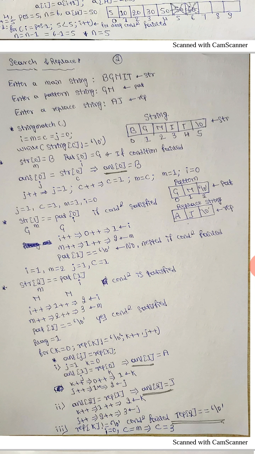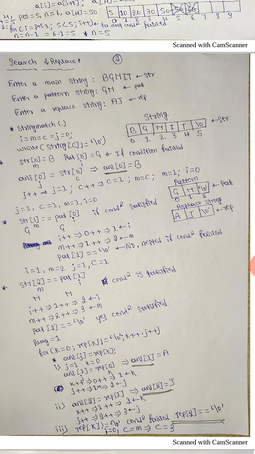And again when it comes to the while loop, it will go to the next character, and now I have received G from the main string, and again in the pattern string we need to start with the 0th character only. So in pattern 0 I found G. Here the if condition is satisfied because both string of 1 and pattern of 0 are matching.